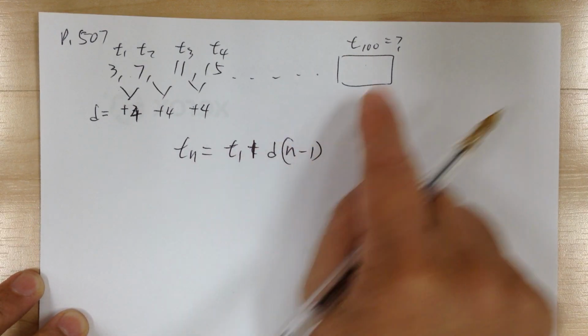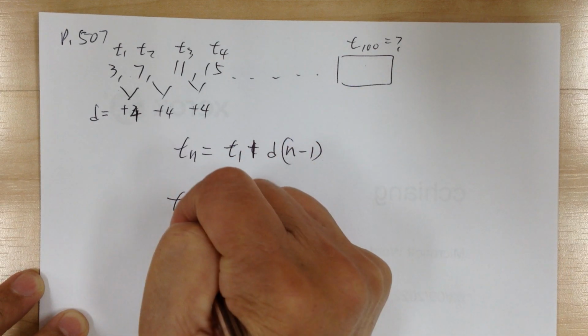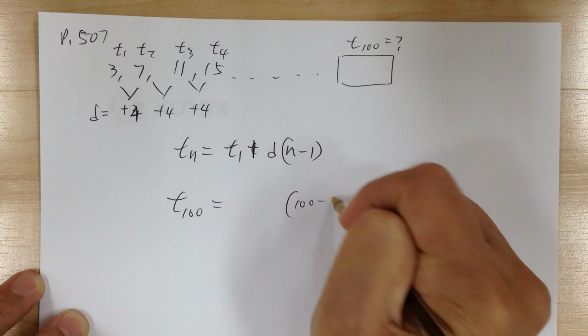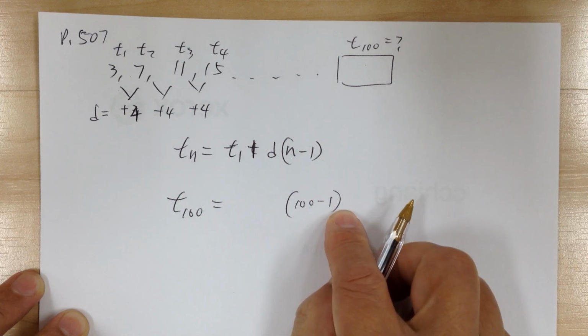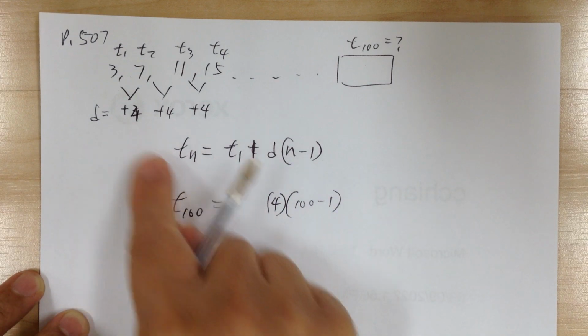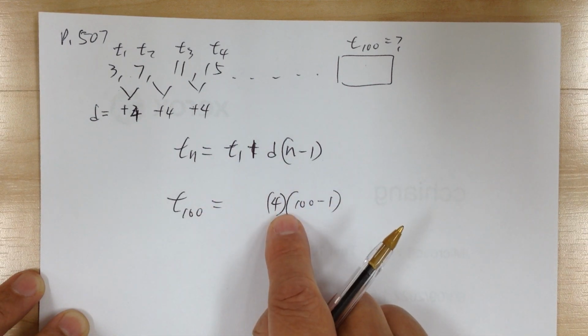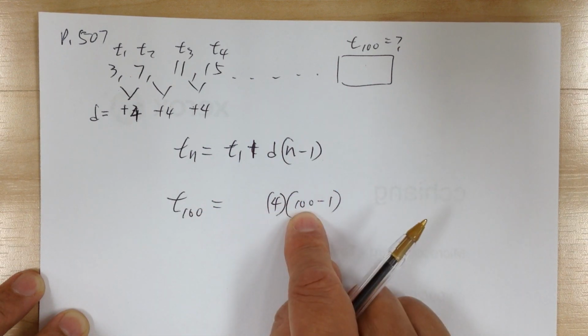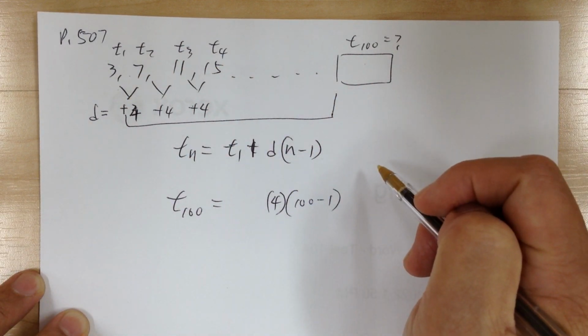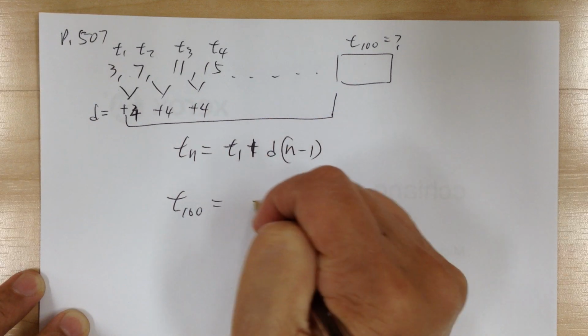Now when you apply the formula, T of 100 equals, 100 minus 1 gives you 99 gaps, times 4, because each increase is 4. This gives you the amount of increase. But you start with 3, so you have to add 3.